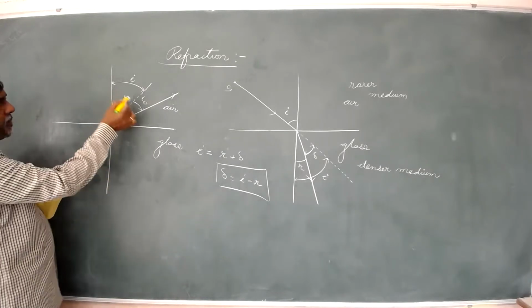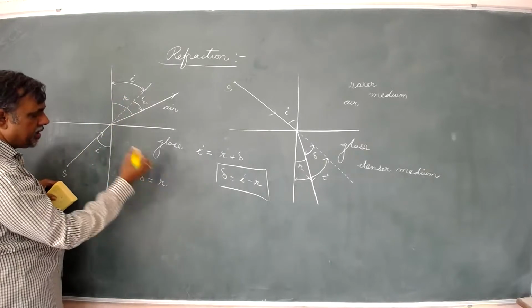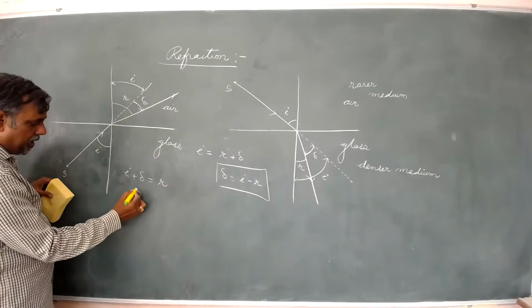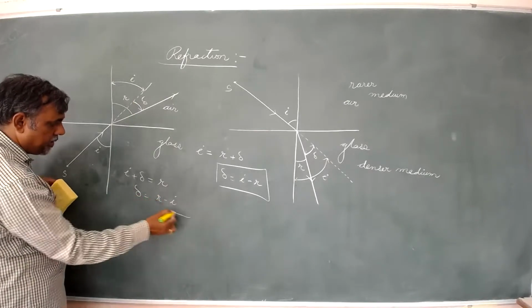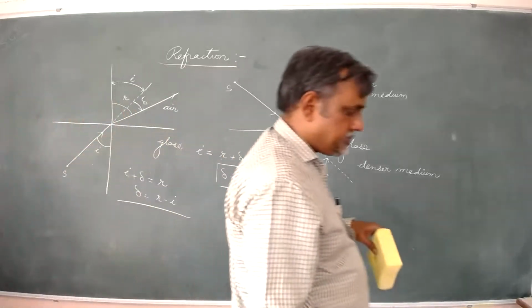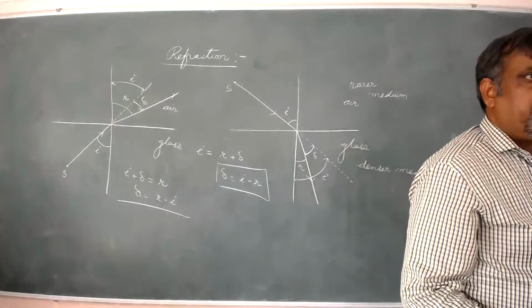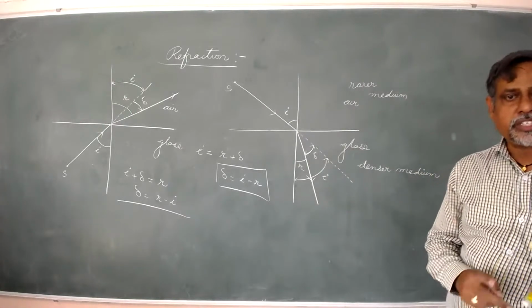Now, I plus delta in this particular case is equal to the angle R. Therefore, delta, which is the angle of deviation, is R minus I. So that is the angle of deviation in this case.